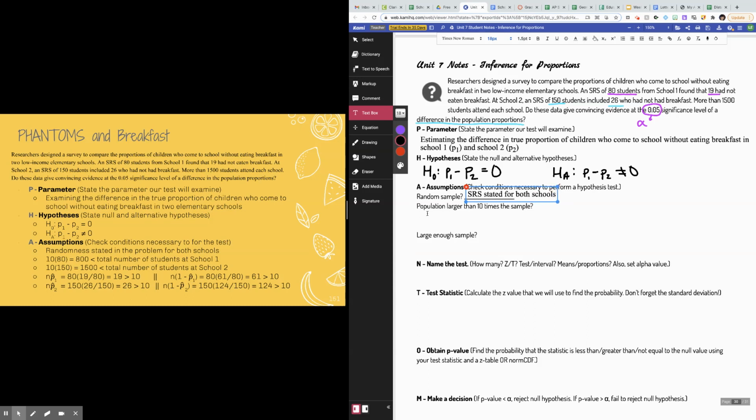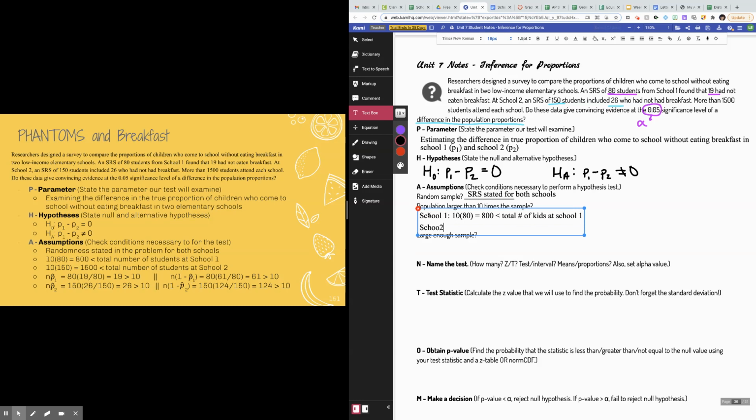Then we have the 10% condition next. For school 1, I'm going to do 10 times the sample size, which was 80, equals 800, and that's less than the total number of kids at school 1.